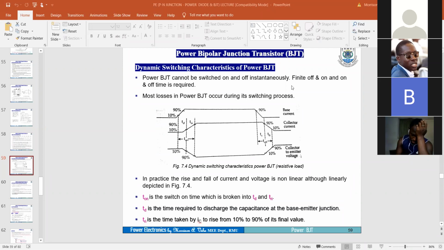Okay, let's look at this one. T on is the switch-on time, which is broken into TD and then TR, like I said earlier.